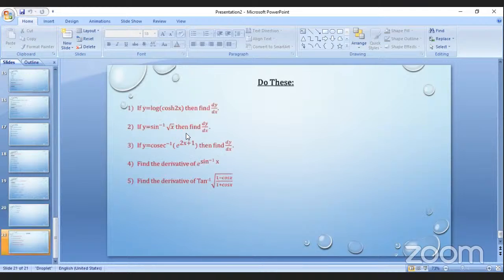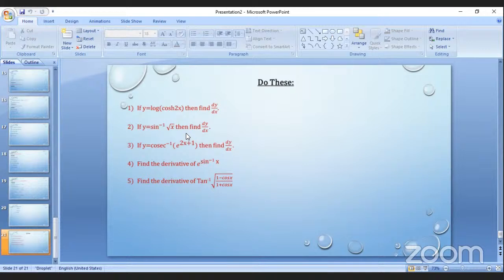Do this for homework. Question number 1: if y equals log of cos h 2x, then find dy by dx.